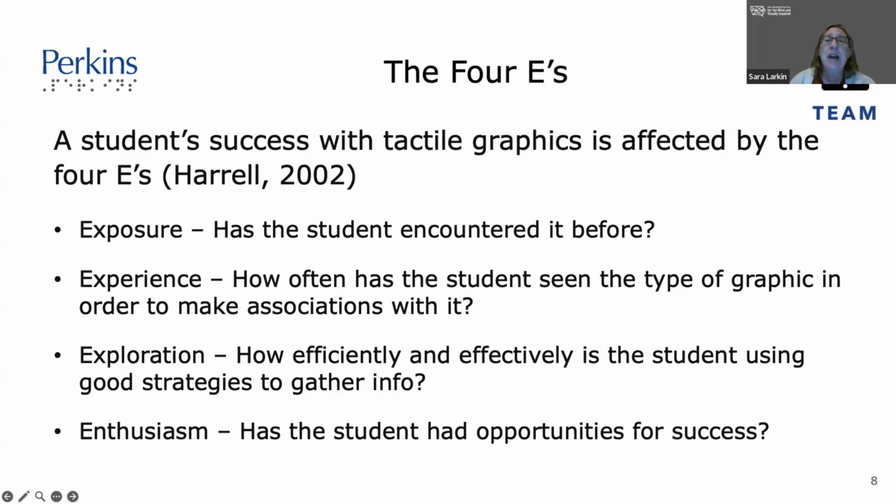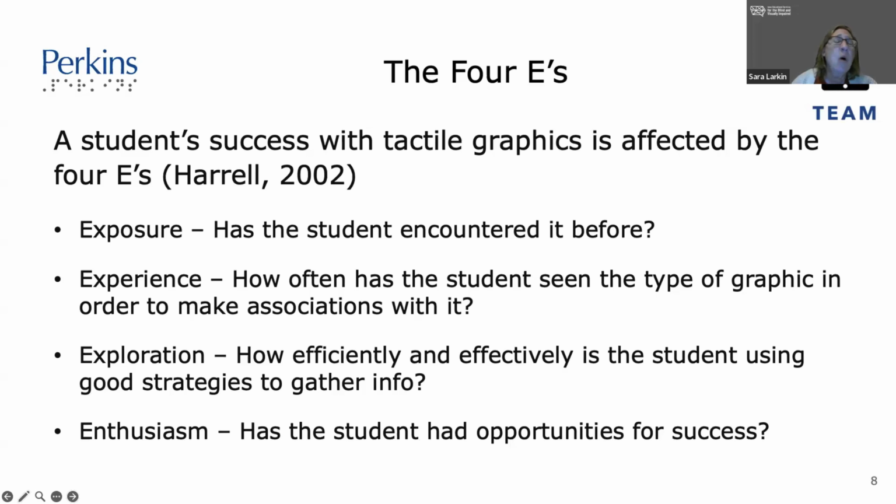Has the student encountered that particular type of graphic before or not? If they have, then they're going to have a better idea of how to access and work with that type of graphic. If they have not had exposure to it, then direct instruction on how to approach that graphic is important.